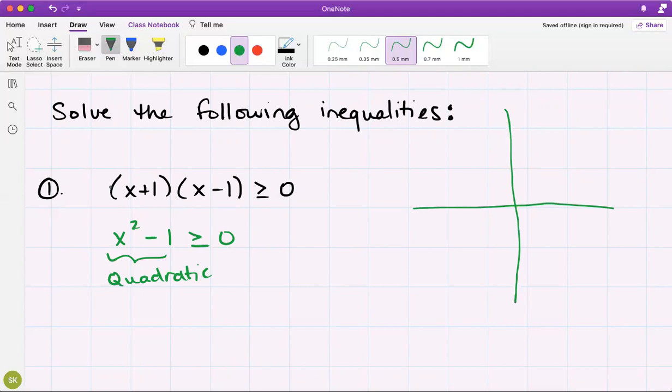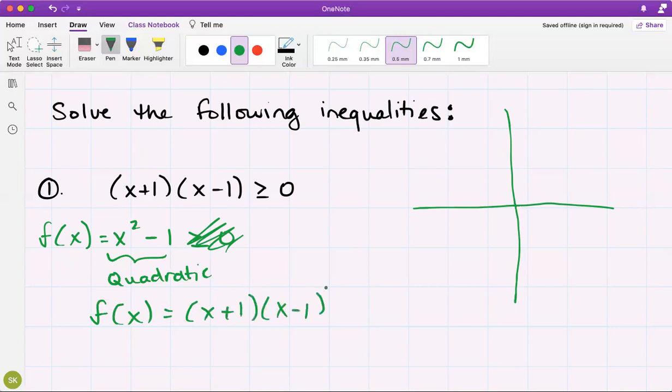Now we know that the quadratic breaks into this, x plus 1, x minus 1. So I'm going to ignore this for right now, and pretend like we have this function, f of x is equal to x squared minus 1. And we know it factors into x plus 1, x minus 1. Now if we wanted to find the x-intercepts, what would we do?